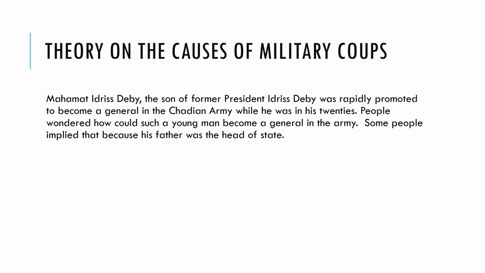People wondered how could such a young man become a general in the army. Some people imply that it is because his father was the head of state, and there are cases where African rulers have openly put their sons and daughters in critical positions.